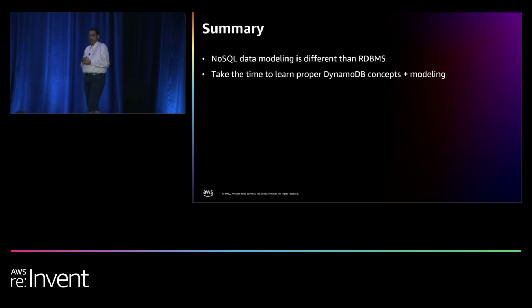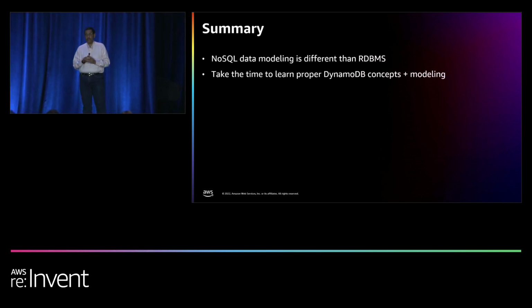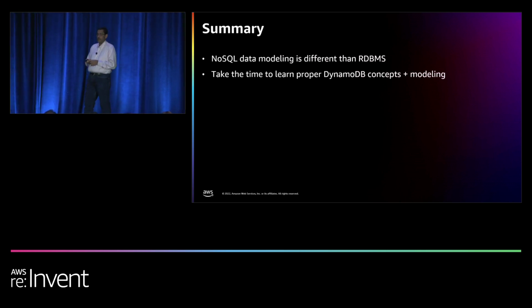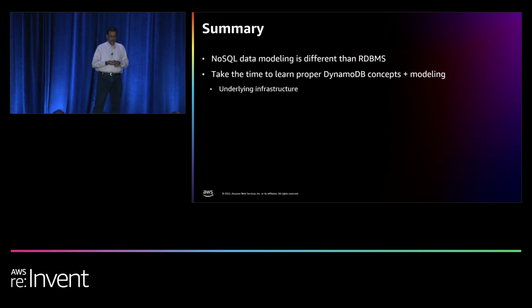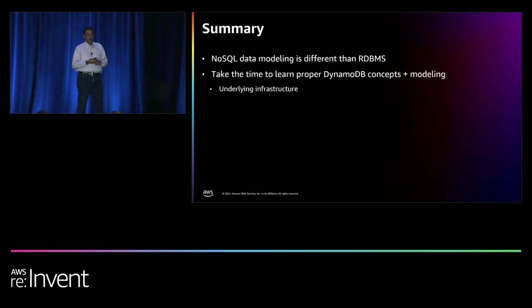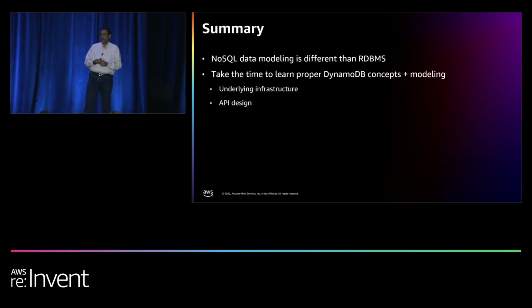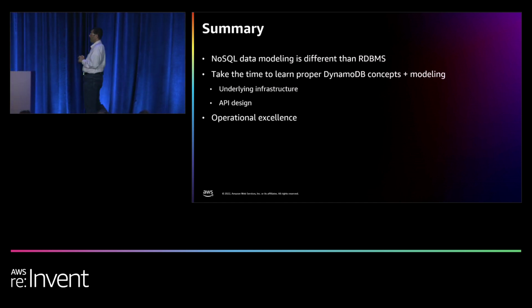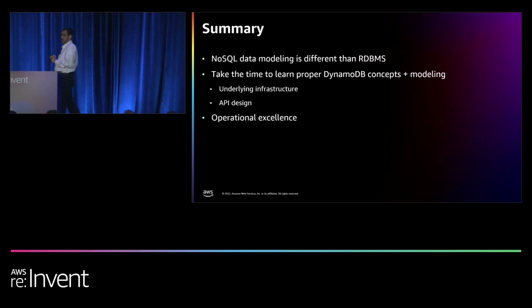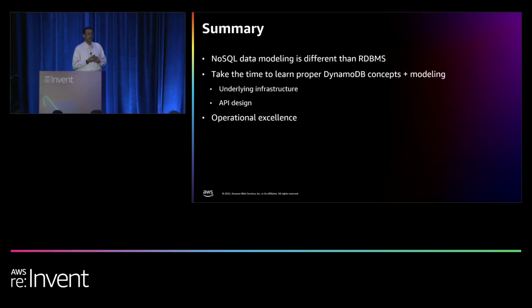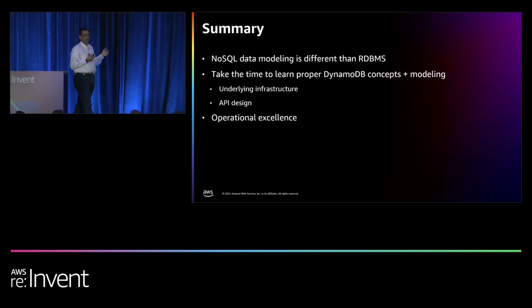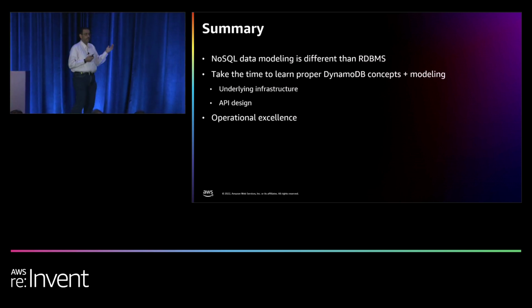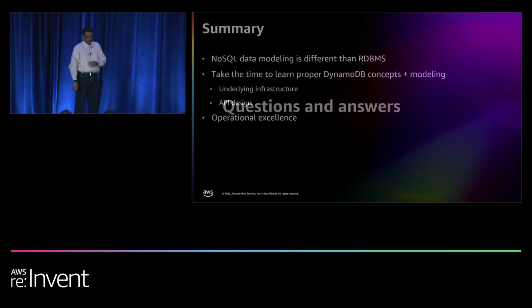Take the time to learn the proper DynamoDB concepts and model your data appropriately. Think about what it's going to cost. Think about what the latency is going to be. Think about what the underlying infrastructure is. Think about the API design which you want. And finally, when you're operating your application, think about what it's going to take to do that. How many tables do you need? Fewer tables is easier for you.